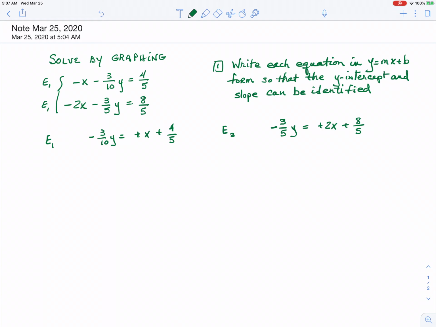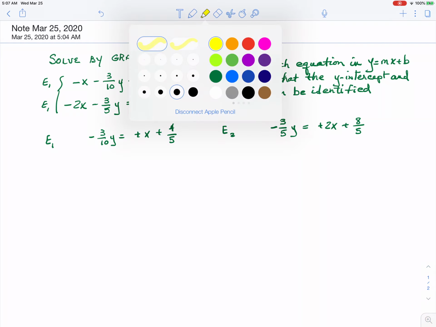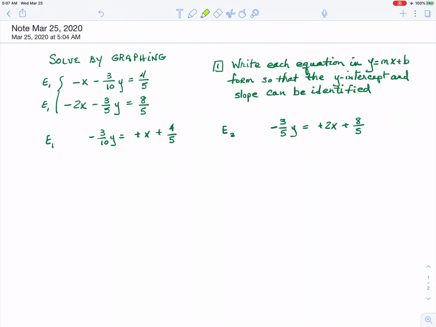But let me give you a hint as you start to look at these. I'm noticing a mistake over here too, equation number 2. I'm noticing that if you take equation number 1 and double it, you're going to have the x term in equation number 2.